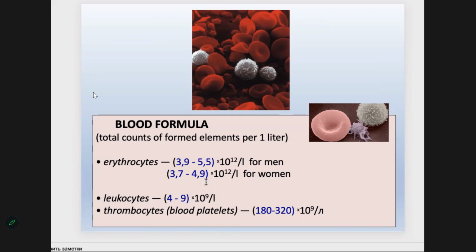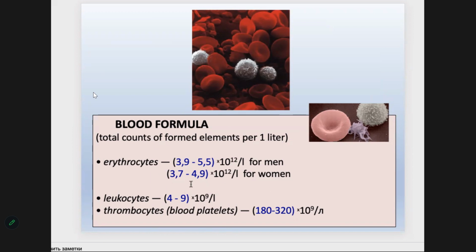Leukocytes, the normal composition, from 4 to 9, 10 raised to 9 in a liter, and thrombocytes, 180 to 320, 10 raised to 9 in a liter. So these are normal counts of formed elements per 1 liter of the blood.